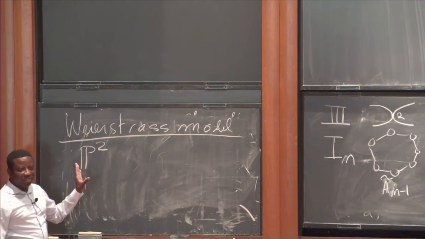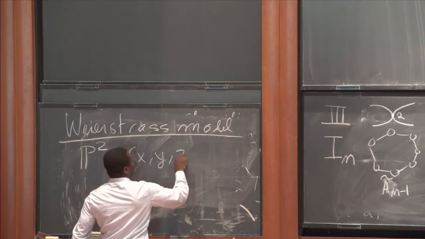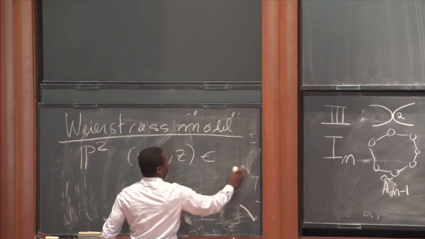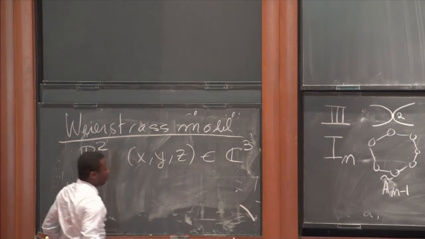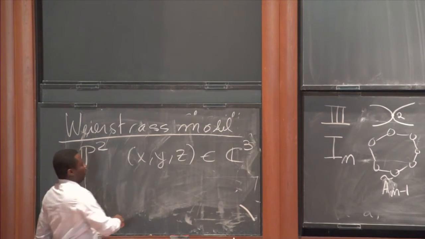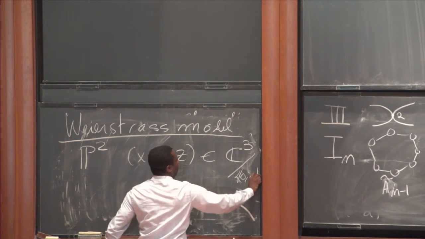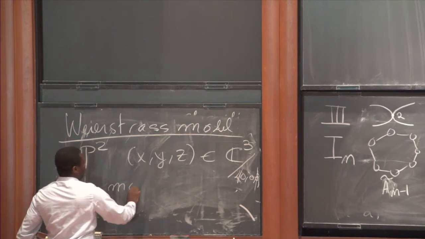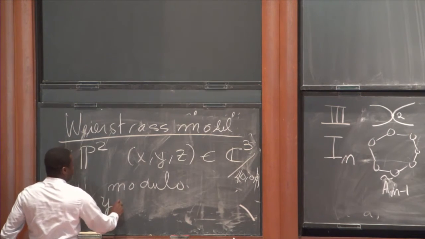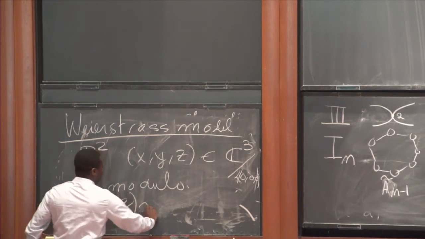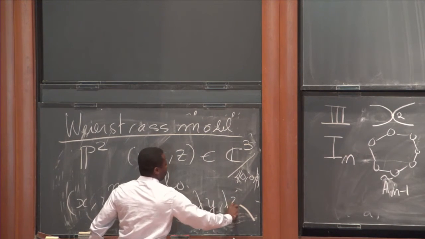P2 is the projective space. What it means is that it's the set of points x, y, z. Let's say that our field is the field of complex numbers. You take all triplets of complex numbers, but you have to remove the origin, and you have to rescale using the following symmetry: x, y, z would be equivalent to lambda x, lambda y, and lambda z.